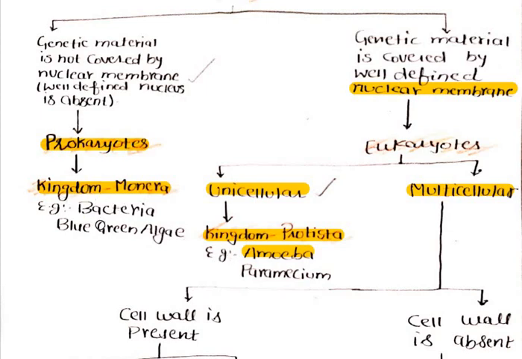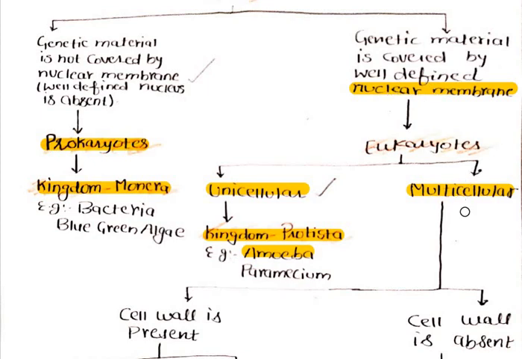Why? Because bacteria do not have a well-defined nucleus, and bacteria is the prokaryote and comes under kingdom Monera. Whereas in case of amoeba, there is a well-defined nucleus and it comes under kingdom Protista. So you should know the basic difference between kingdom Monera and kingdom Protista on the basis of the nuclear membrane.